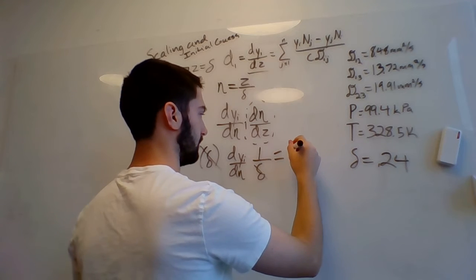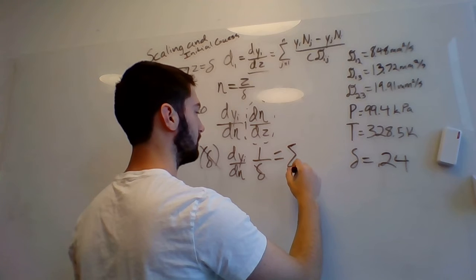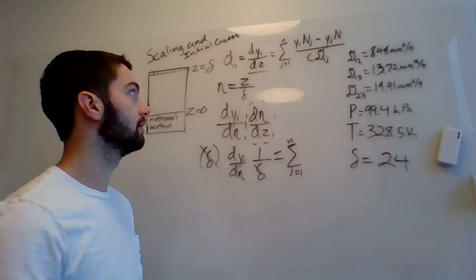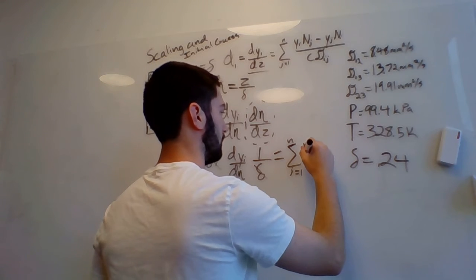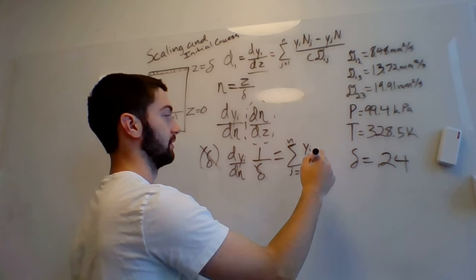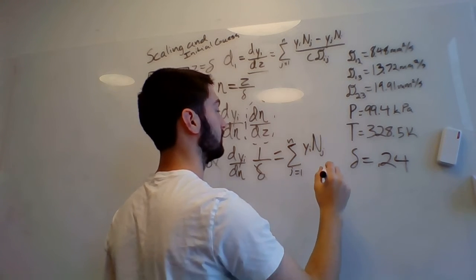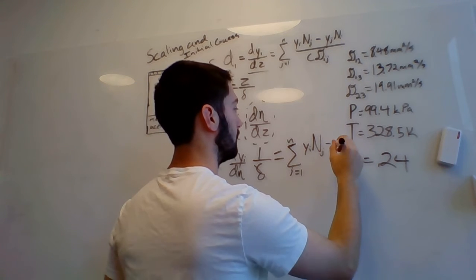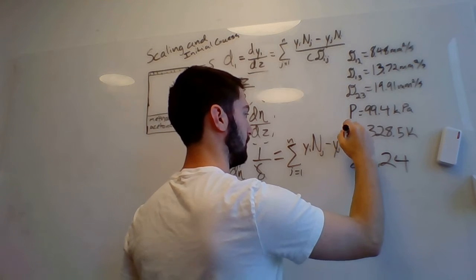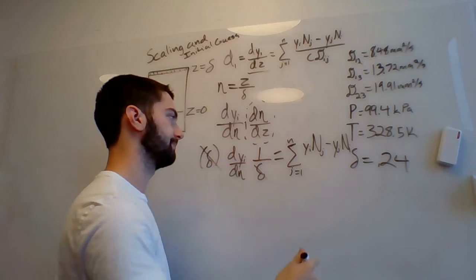The new equation looks like the summation starting at 1 to the number of components n, the mole fraction of the component we want to find the driving force of, times the molar flux of the next component, minus the mole fraction of that component, times the molar flux of component i.